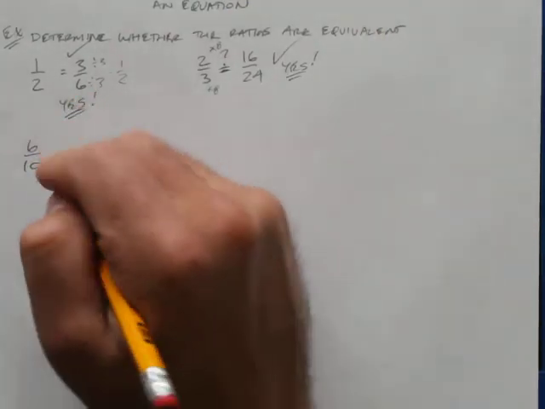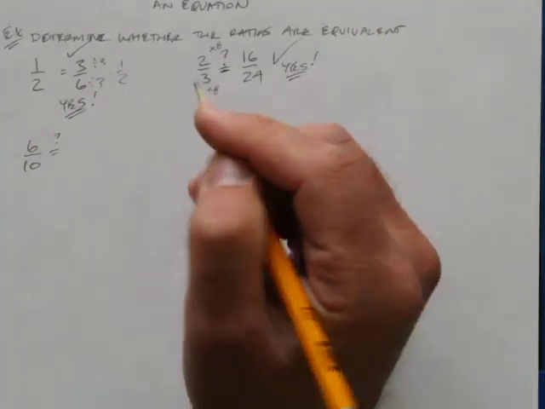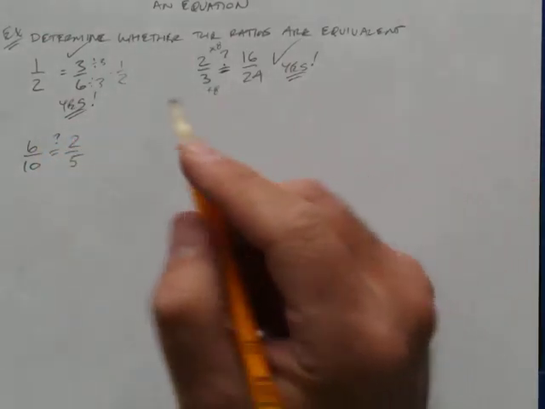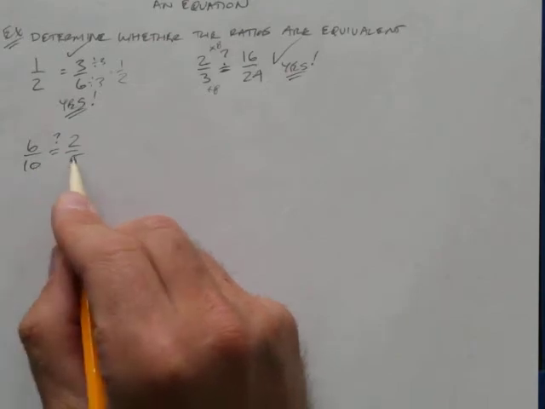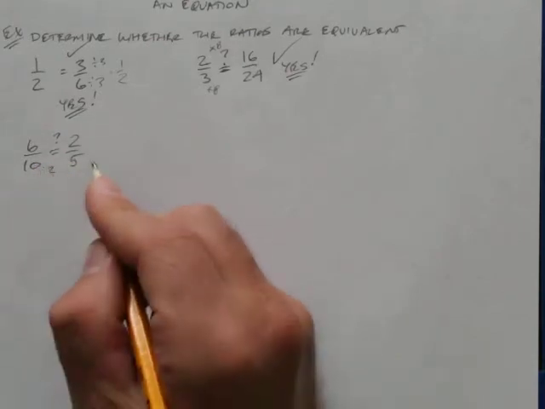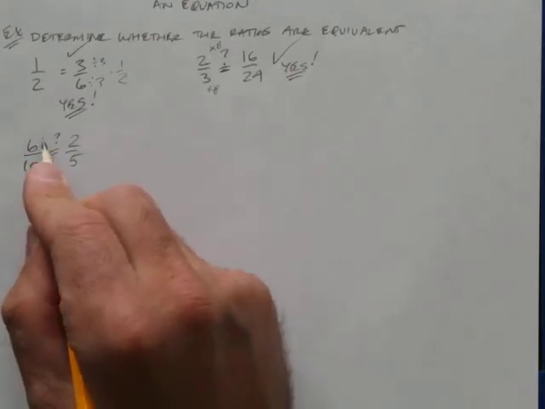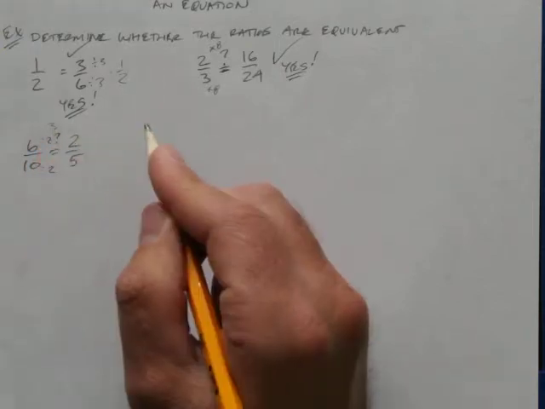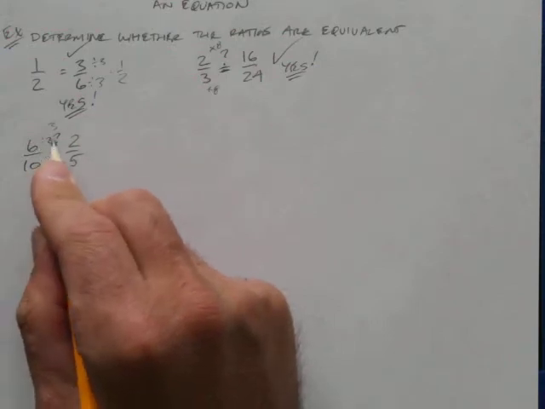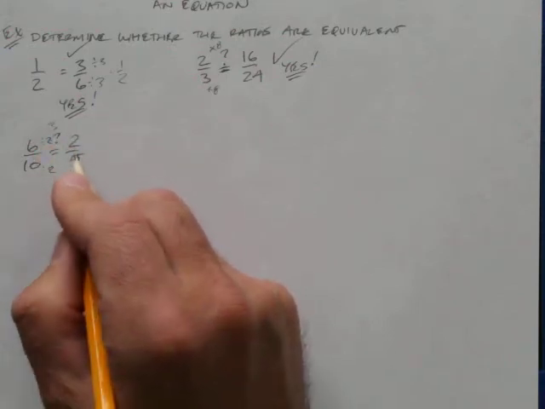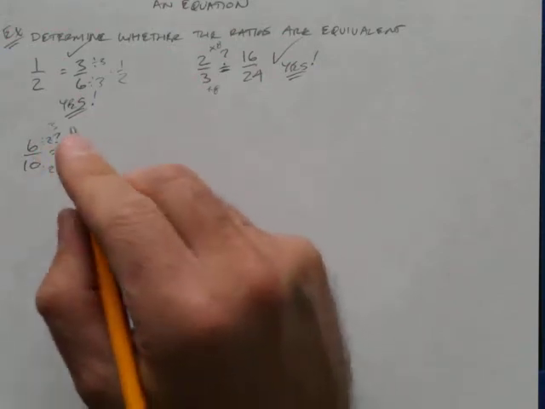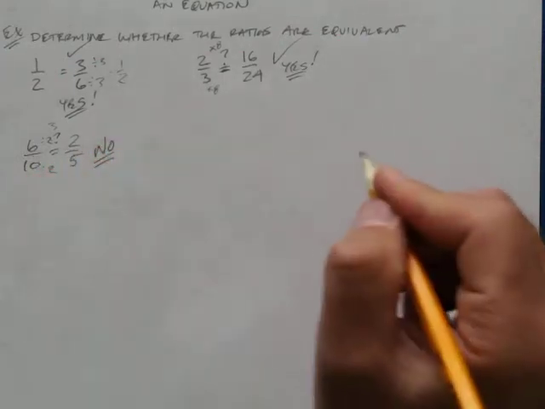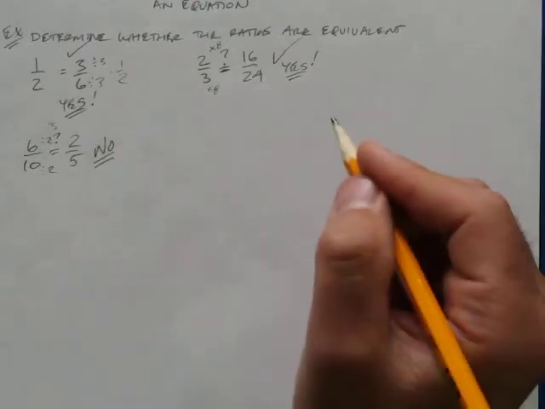Let's look at two more. 6 over 10 equals, maybe, 2 over 5. If I go from 10 to 5, I have to divide by 2. What I do to the bottom, I do to the top. 6 divided by 2 is 3, 10 divided by 2 is 5, so I would end up with 3/5. 3/5 is not 2/5. So no, these are not equal here.